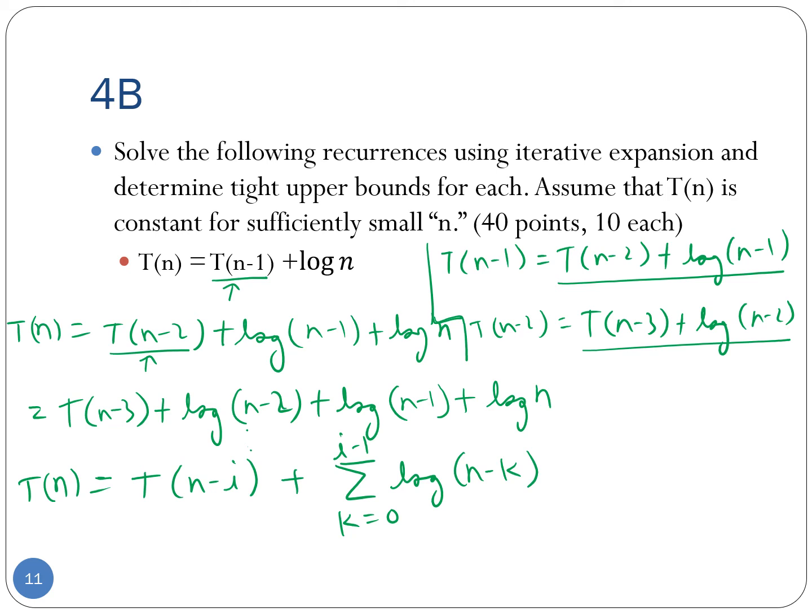So this second term can actually be written as log of n minus i plus 1 factorial, right? So this is basically T of n minus i plus log of that factorial. Okay, so let's use this ith term to find a bound on this recurrence.